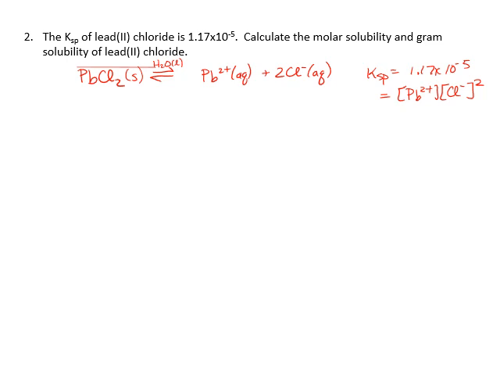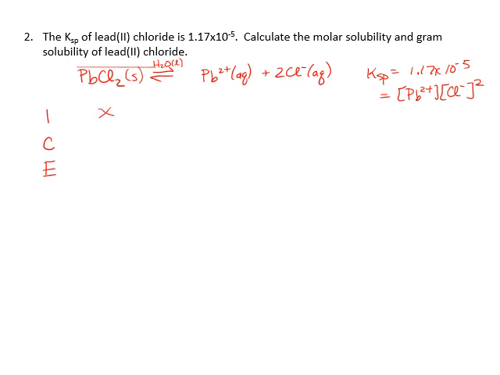The molar solubility asks how many moles of lead 2 chloride will dissolve per liter of solution. So we need to set up an ICE table to find the equilibrium concentrations of the lead ions and the chloride ions.